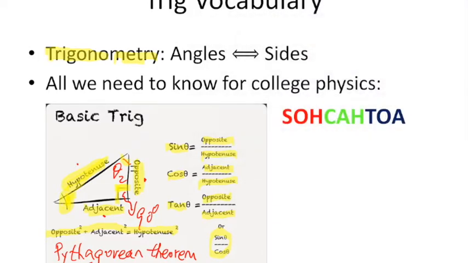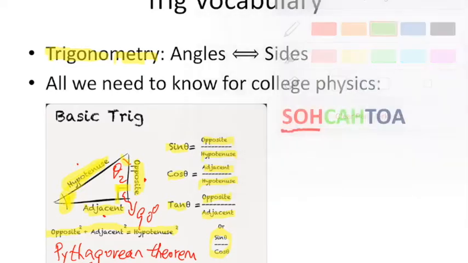So there are letters that help us to remember the definitions of sine, cosine, and tangent. Sine is opposite side over hypotenuse.